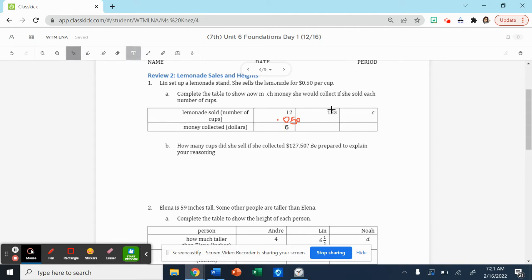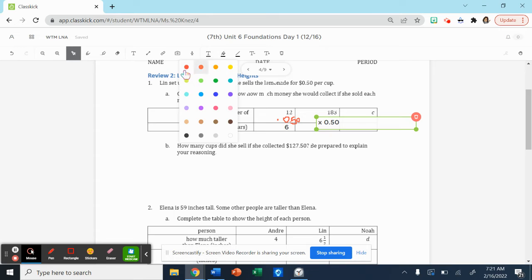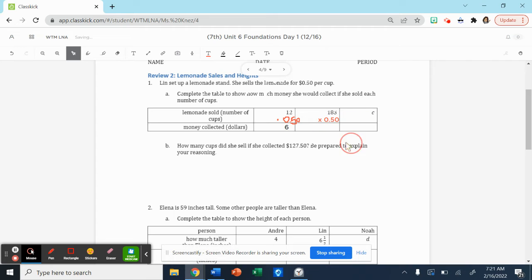We can follow the same steps for 183. We can multiply times 0.50, because again, that's the cost per cup. And 183 times 0.50 is equal to $91.50. And so that's how much money she earns if she sells 183 cups of lemonade.